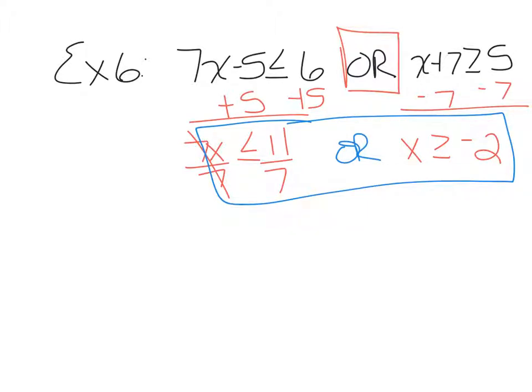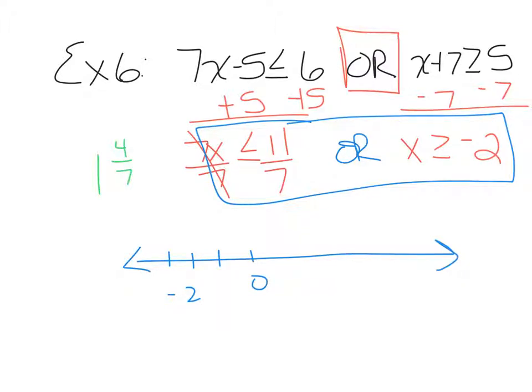We can graph OR all on one graph. We don't need two because we're not looking for overlap. The first thing we're going to do, we know there's a negative 2 on here, but where is 11 over 7? If I change this 11 over 7 to a mixed number, it's 1 and 4/7, so that's between 1 and 2.